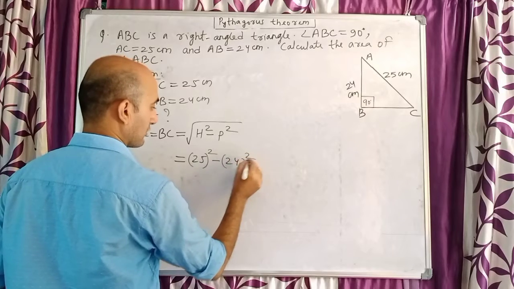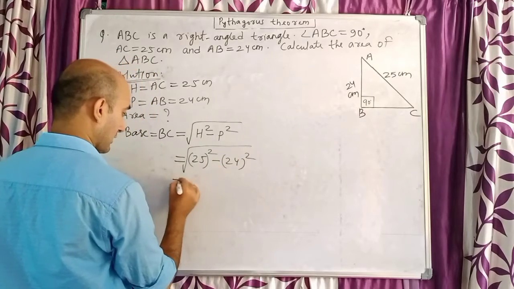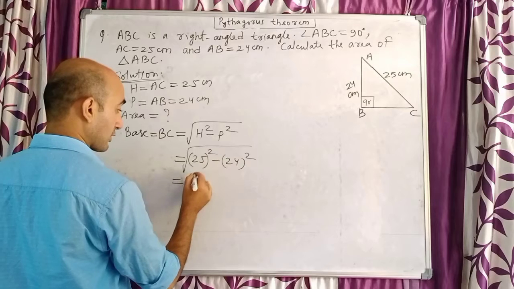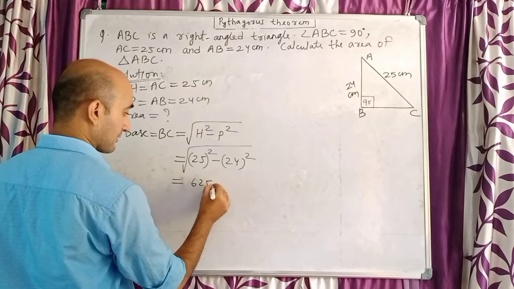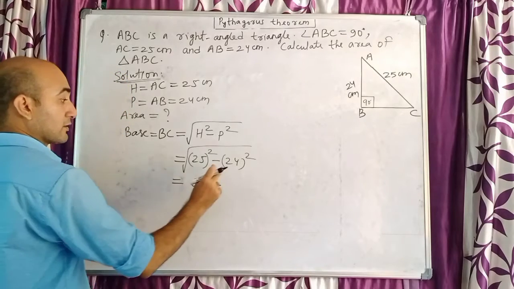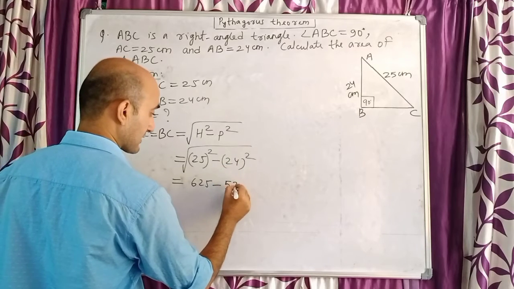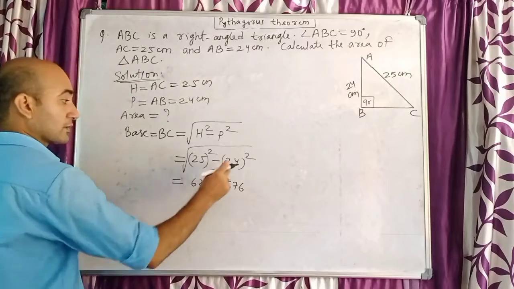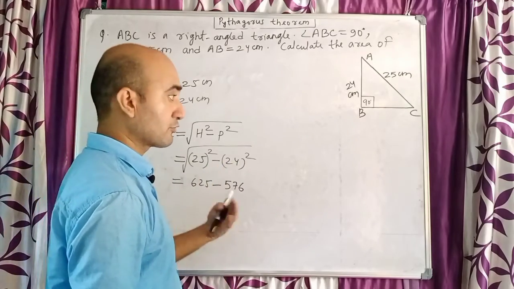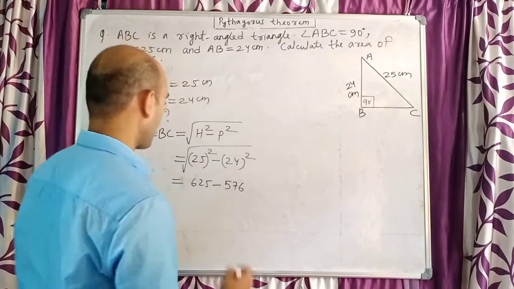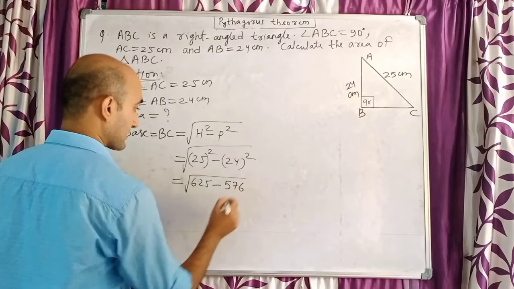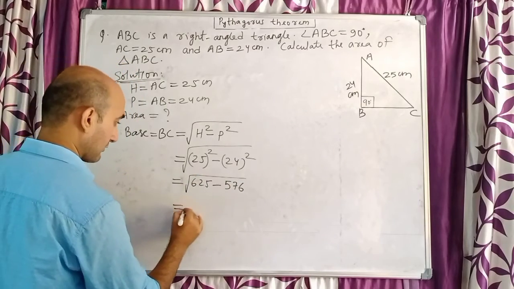So write 24 square. Square of 25 is 625 minus, and square of 24 is 576. So this square you have to know, if you know very well, otherwise you can do it in rough.